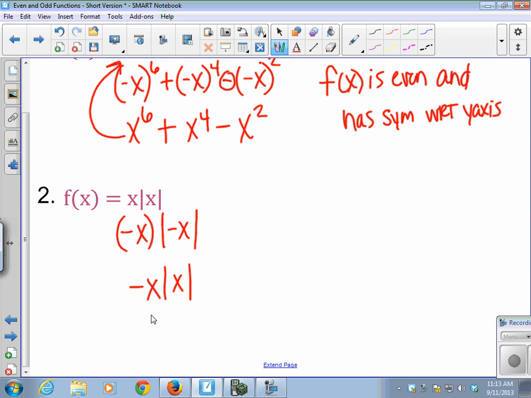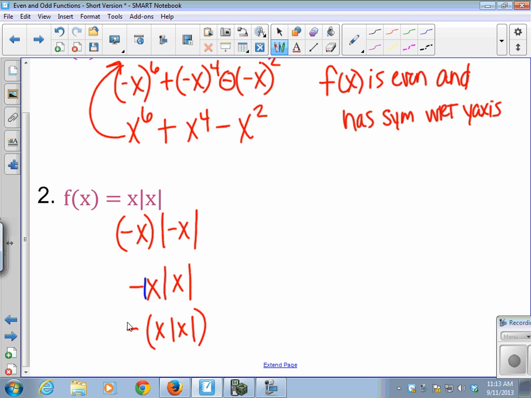Now, what I've got here is like having a negative 1 times x. So I can write it as a negative, that's like a negative 1 on that parentheses, and then x times absolute value of x. If I were to multiply that negative through, getting rid of the parentheses, I can't give the negative to something inside the absolute value, so the negative would just go to this x. And so I would end up with what I have here.